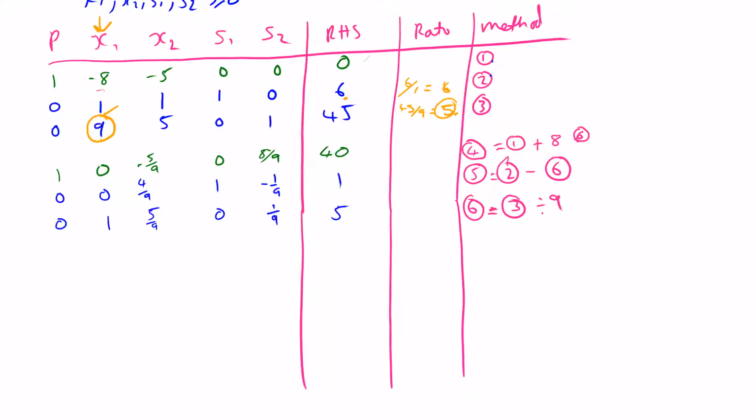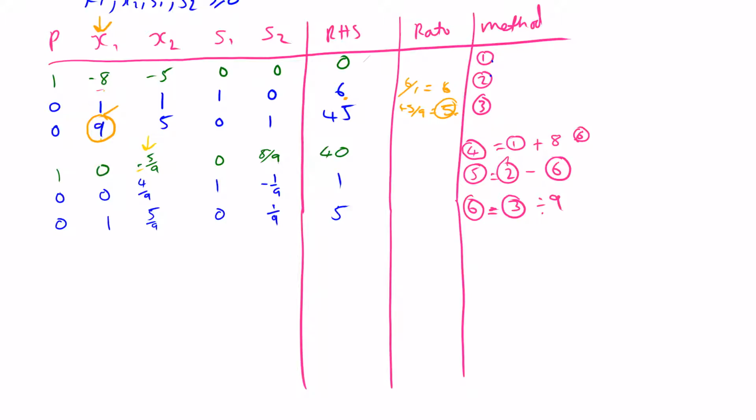Now we will keep doing these iterations until we have no negative values in the objective function. Because we have a negative value here, which is negative 5 ninths, we will continue. So we'll do exactly the same thing again. We select our column, and then we want to work out the ratios.